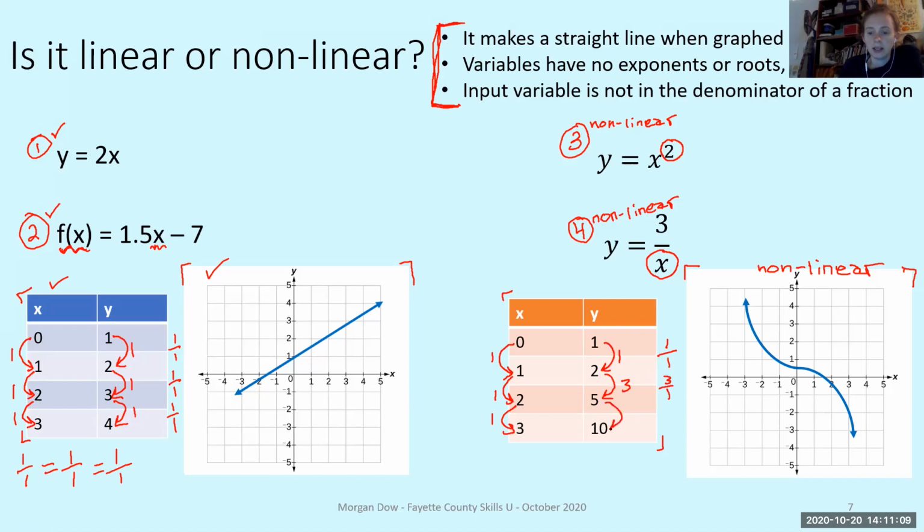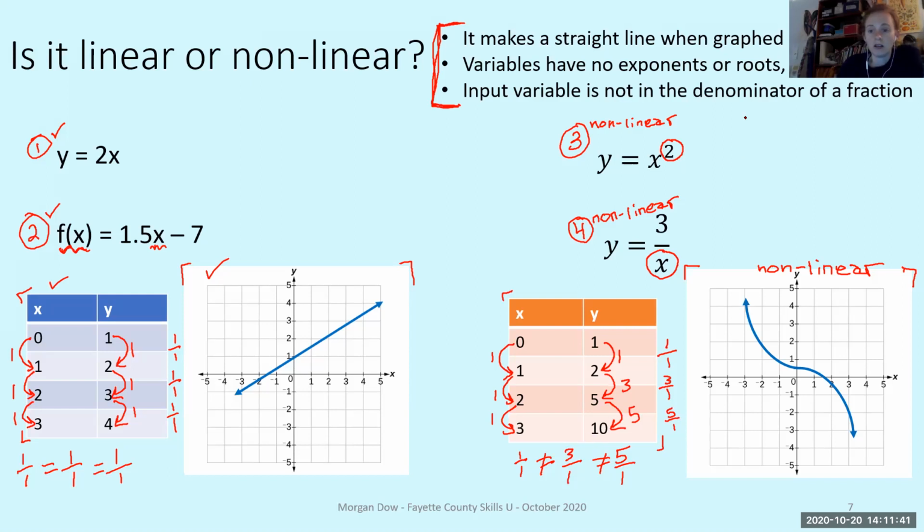And then 5 to 10 would be a change of 5. We get a ratio of 5 to 1. So when we look at the change that's happening in our x and our y, we got this ratio of 1 to 1, which is not the same thing as 3 to 1 or 5 to 1. So we have a non-constant rate of change. We have a non-constant slope here, which would make it non-linear.